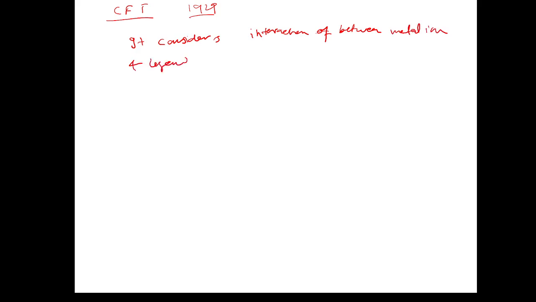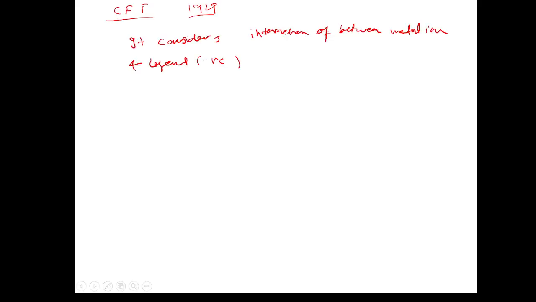In crystal field theory, it was first given in 1929 by Van Arkel and Bethe, in 1922 to 1930. So what their main idea is that it considers the interaction between the metal ion and the ligand, which is negatively charged.